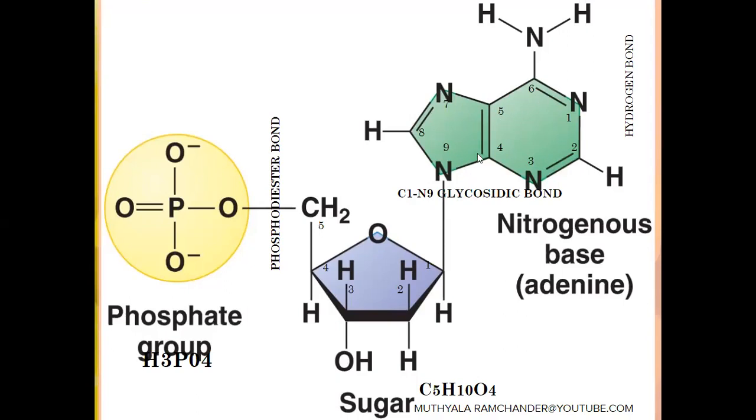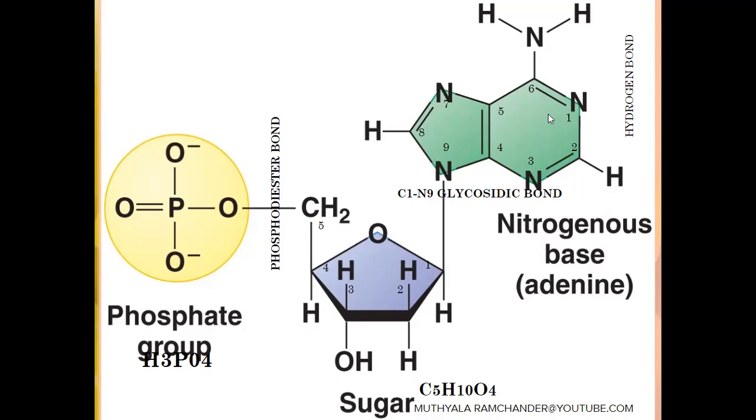In the total purine, certain carbons are replaced with nitrogen atoms, and the ninth nitrogen is connected with the sugar molecule.